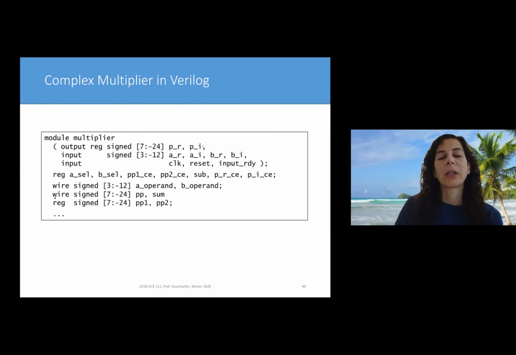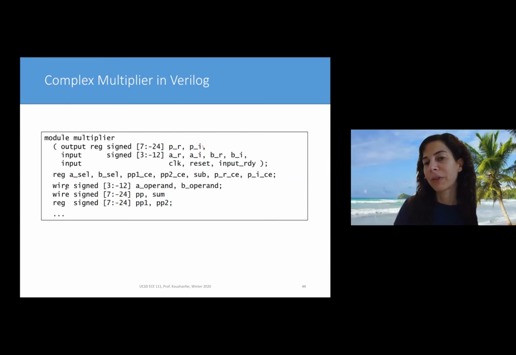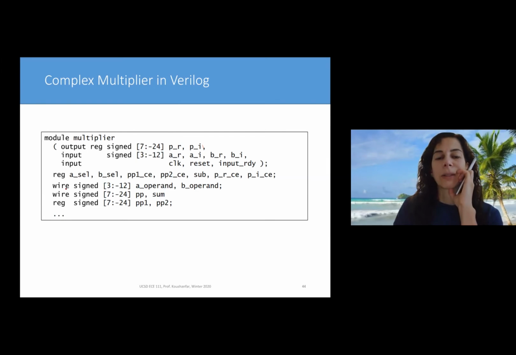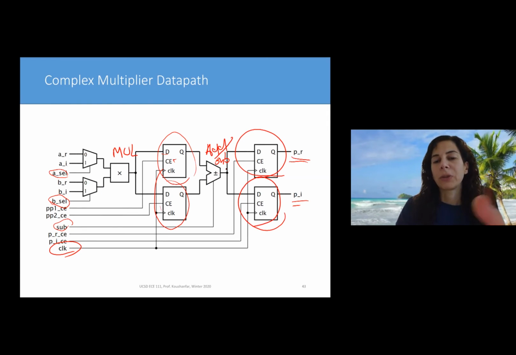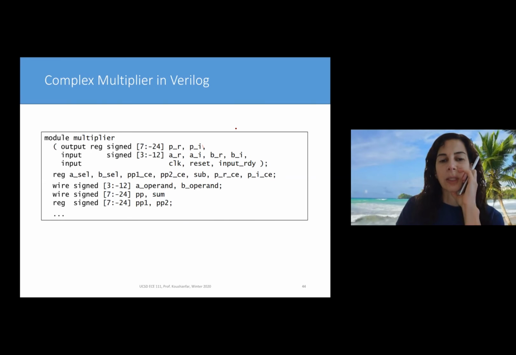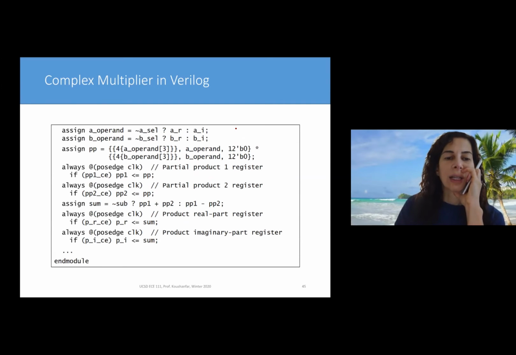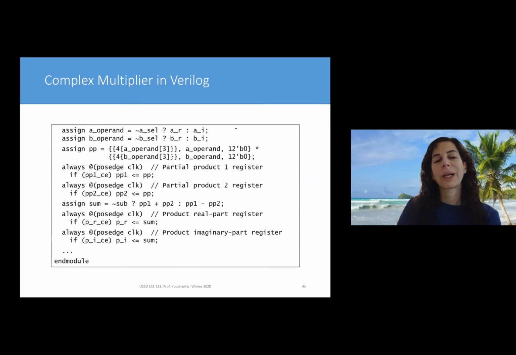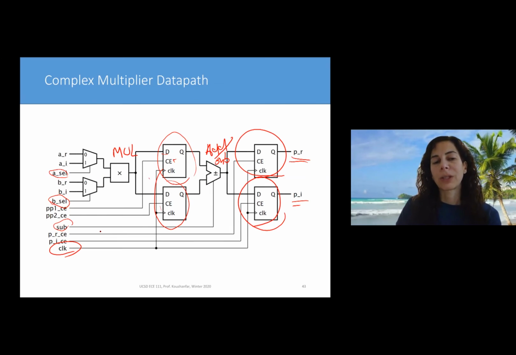These wires are actually signed wires, because it's going to make a difference if I have negative or positive numbers. And then we are going to have these in the same order that you see here. We have these wires here, and then we have these registers here, which we are going to determine in this example. You could basically just write it like this with a program without even going to a state transition diagram.